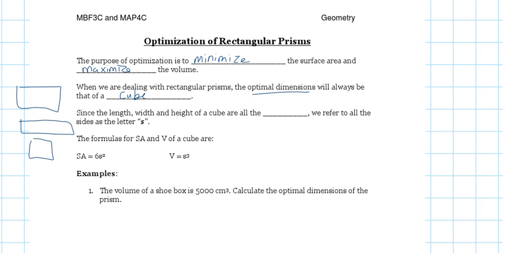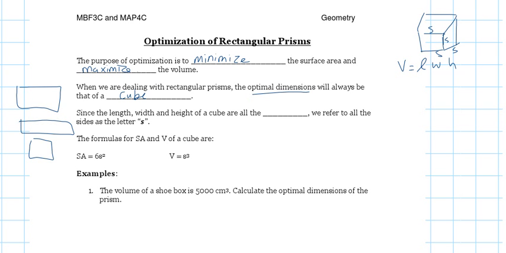Now, if you go back to your formula sheet, let's start with the volume. The volume of a rectangular prism is length times width times height, yes? All right, now when I have a cube, the length, the width, and the height all have the same side length, so we're going to call that side length S. So I have S, S, S. Forget about this one on the top.